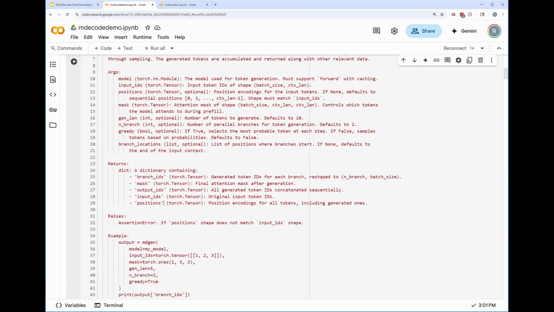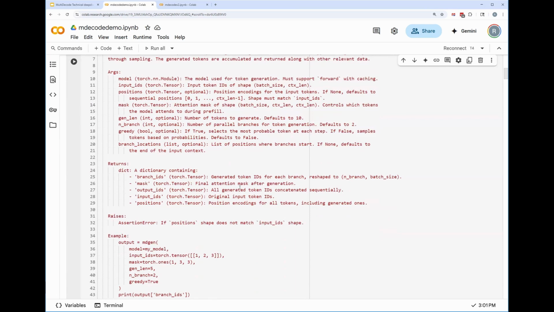I followed the Hugging Face model and returned a dictionary of values, which would be the branch IDs, a deconvolved set of branch IDs. Output IDs is the mixed up set of token IDs.